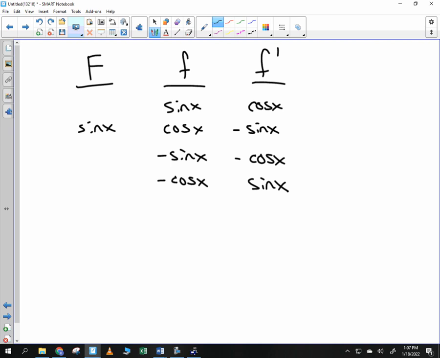If I take the derivative of sine to get cosine, then that means the antiderivative of cosine is sine.